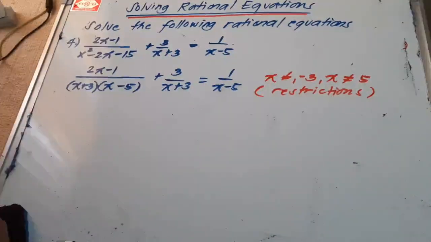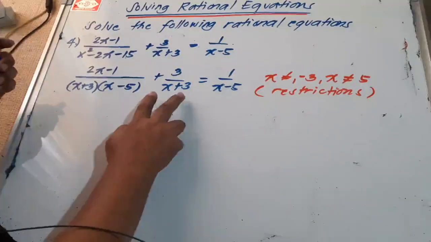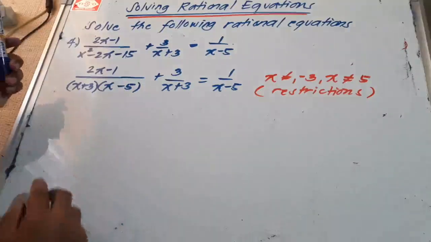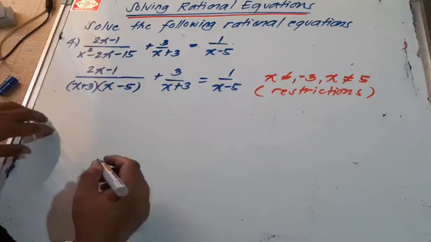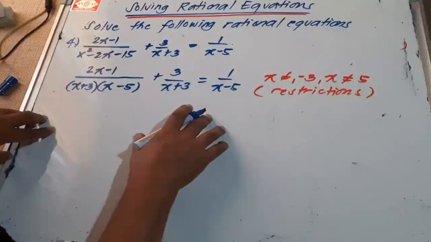Okay. So now we have the restrictions, yun ang hindi pwede maging value na x. We are now ready in solving this rational equation. So paano? Pagsamahin natin ito, tsaka ito. Hindi kailangan maging pare-parehas ang kanilang mga denominators. Gawin muna natin pare-parehas ang denominators ganito.